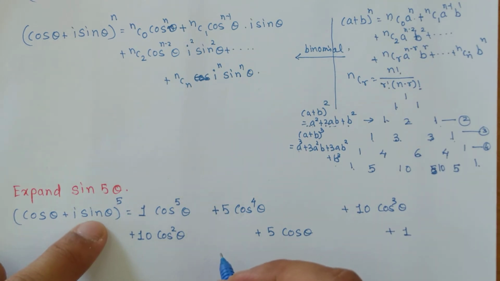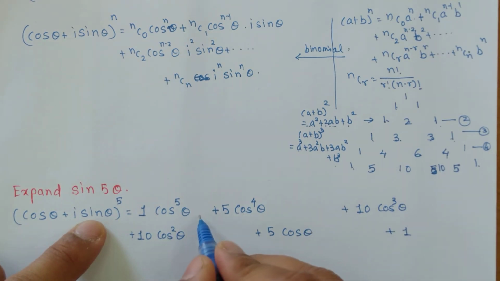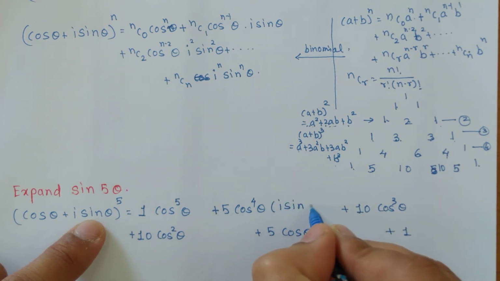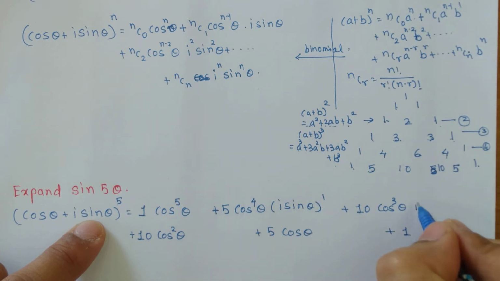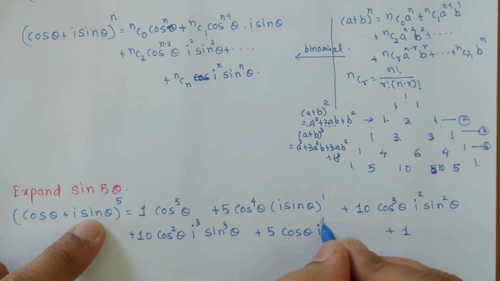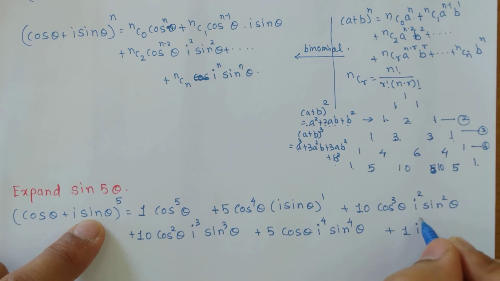Now the power of b increases. In the first term the power of b will be 0, so I am not going to mention it here. In the next term the power of b increases by 1, so we get i sin theta raised to 1, then i square sin square theta, then i cube sin cube theta, then i raised to 4 sin raised to 4 theta, then i raised to 5 sin raised to 5 theta.